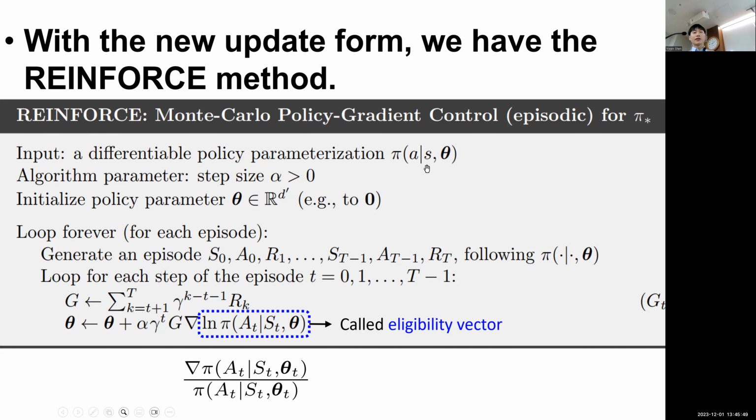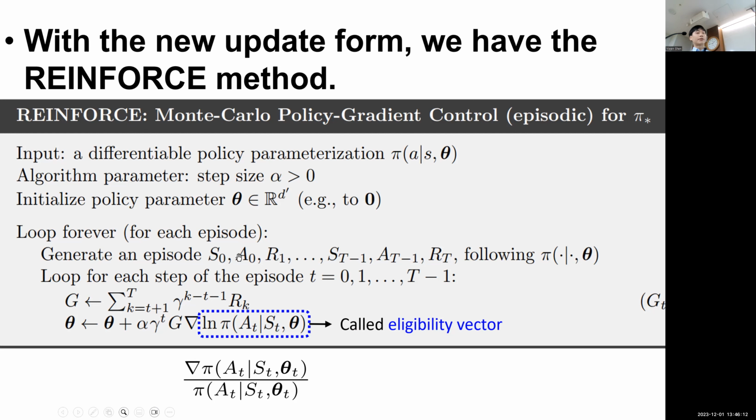Actually the pi depends on the definition. In our case we define it as the softmax, right? If you remember, at the beginning we defined pi as a softmax. It generates a 0 to 1 probability based on different feature vectors. Now we loop forever for each episode.